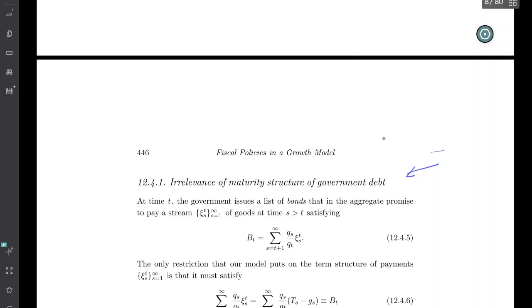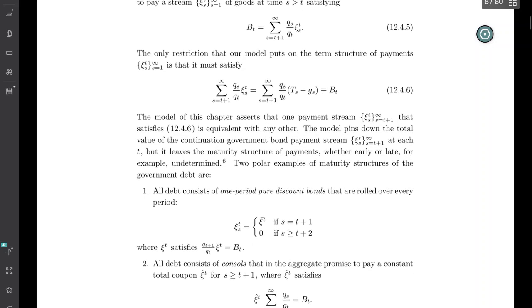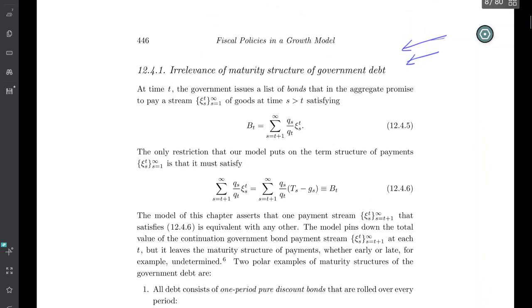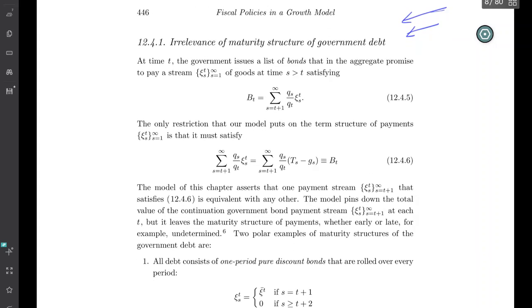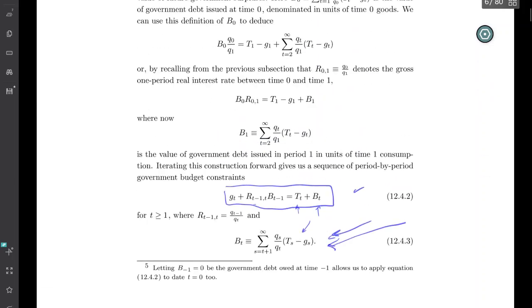Whether the government issues debt long or short, or when it's due, it's irrelevant. There's a version of that in this, and it's pretty easy to do. So that's what's done in this little section. The logic's kind of the same. The logic goes like this.